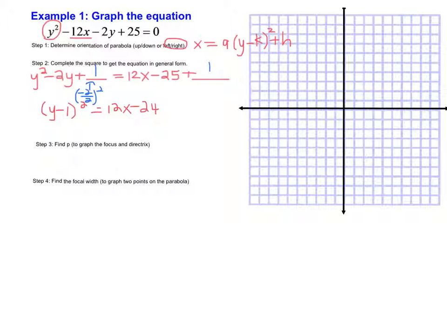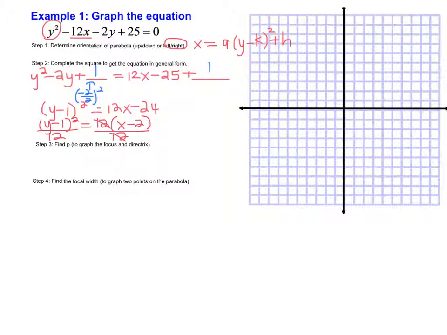So the goal is to get x by itself. That's what we're trying to get in this general form. So now I'm just going to get x by itself. I will go ahead and factor out a 12 on this side. So then I'll get x minus 2, and I'll divide by 12 on both sides to get rid of that.